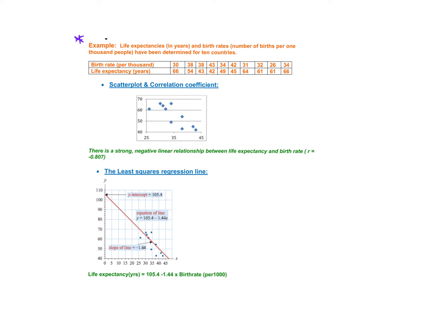We have the life expectancy in years and birth rates, the number of births per 1,000 people, for 10 countries. What I want you to do is pop this in our calculators. So we've popped in lists and spreadsheets, we put in our list, and then we went to data and created our scatter plot.